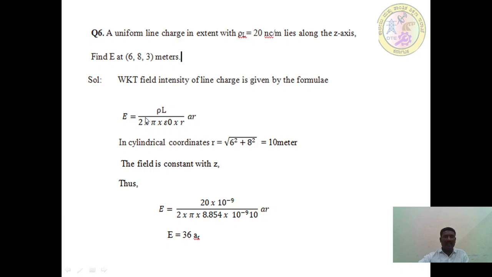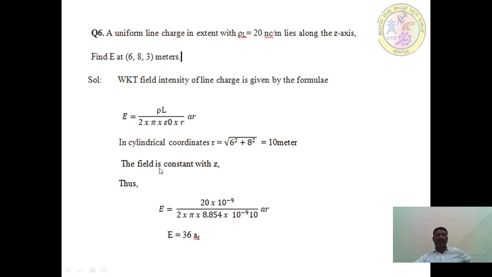Line charge equation: rho L divided by 2 pi epsilon naught R into ar. This is a line charge. A line is a form of a cylinder. That is why the coordinates are 6 square plus 8 square, that is x square plus y square. 6 square plus 8 square gives 10 meter.